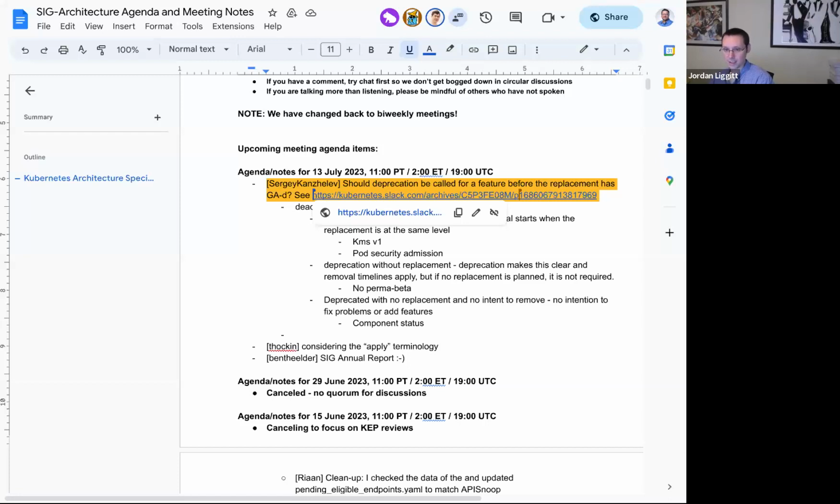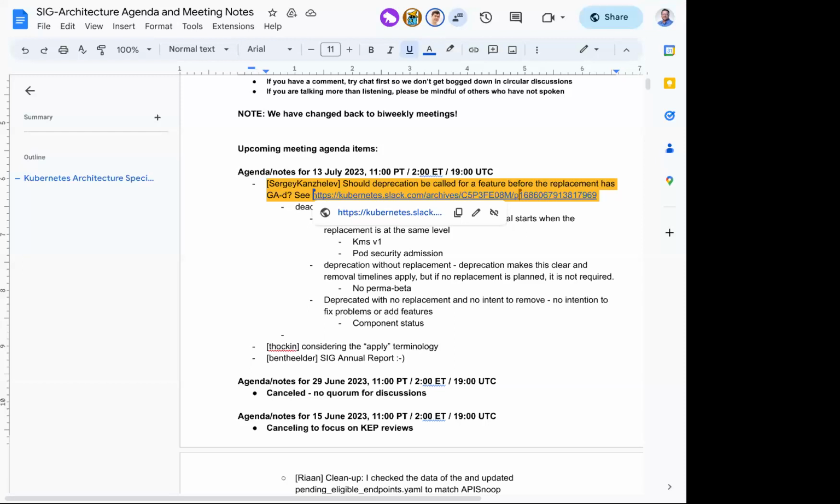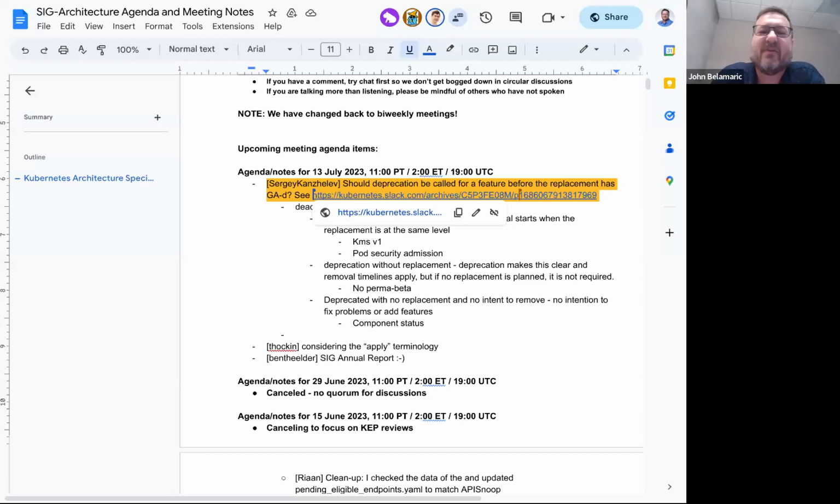So specifically GA APIs. We booted component status out of conformance though. But out of conformance, sure. But it's still GA. Well, I think there is a policy in there for deprecating GA API surface. Yeah, but it relies on someone having the will to actually remove it. I know. I'm just saying, policy-wise, it's possible.